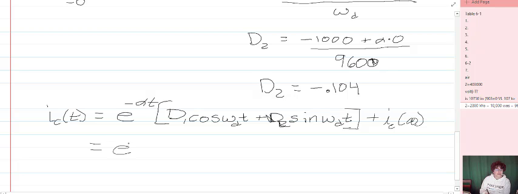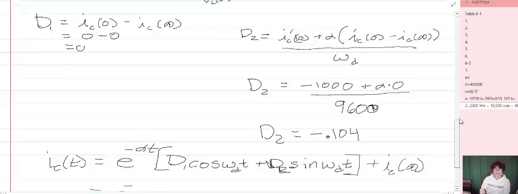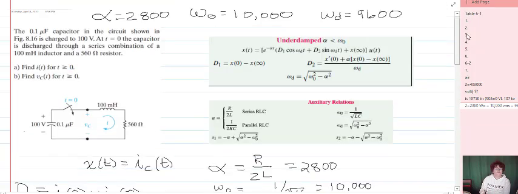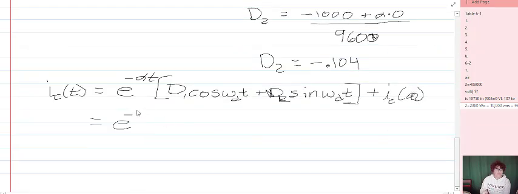So this will be e to the minus, and what was alpha? Alpha was 2800, e to the minus 2800 t, and D1 was 0, and D2 is minus 0.104 sine, and omega d is 9600 t, plus IC at infinity was 0.